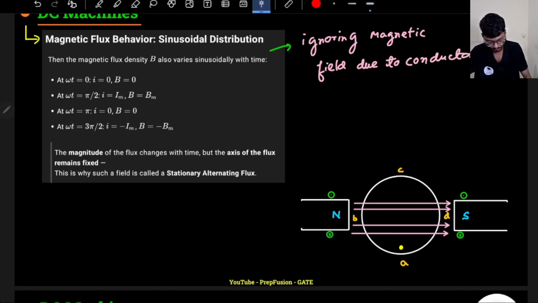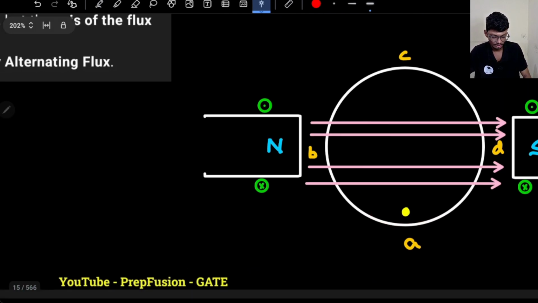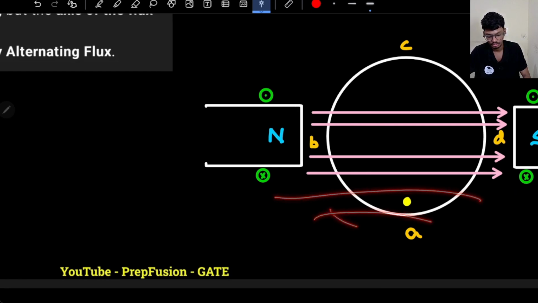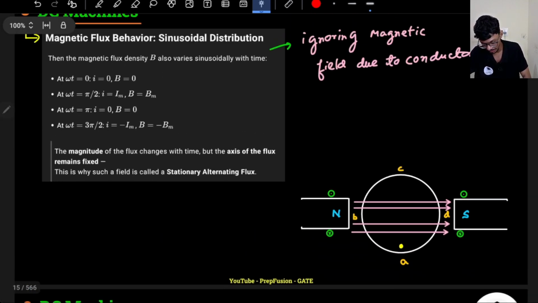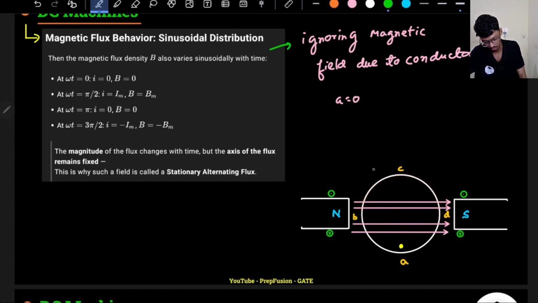So if I ignore it, let's see this conductor in isolation. If this conductor is here, will any magnetic field cross through it? No, right? I see there is no magnetic field. So at point A, the magnetic field is 0, right? And there are multiple conductors here, I am not drawing all of them. They will experience some force in the clockwise direction, so they will rotate in the clockwise direction.